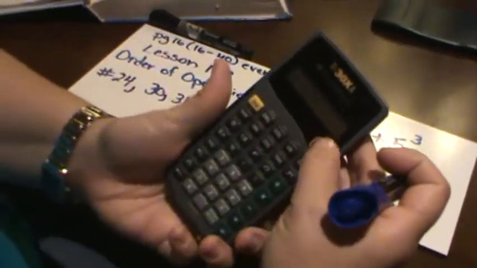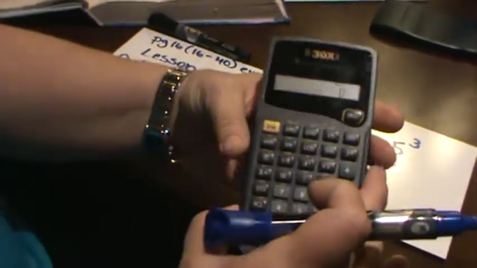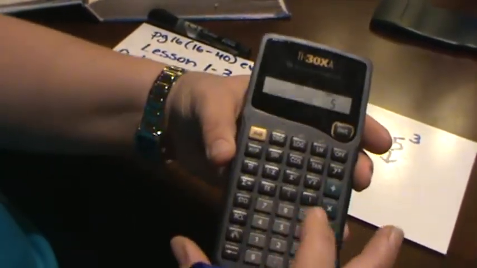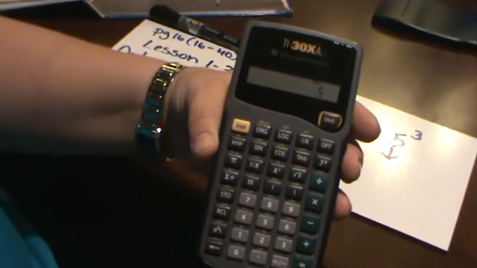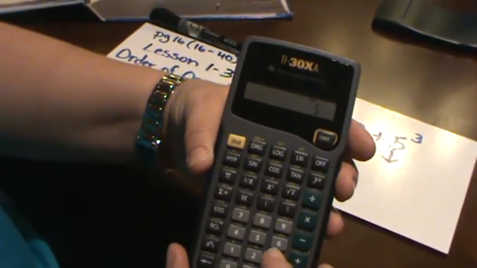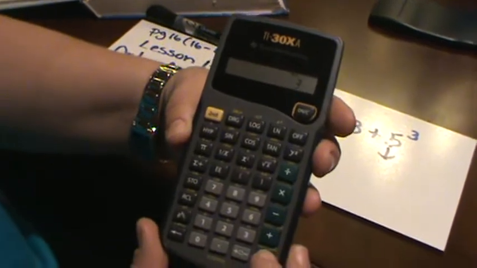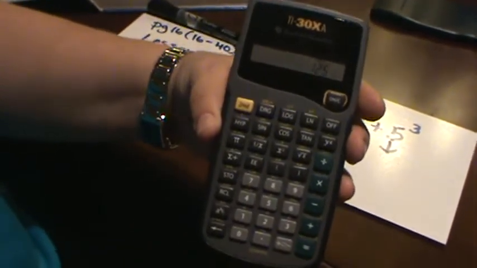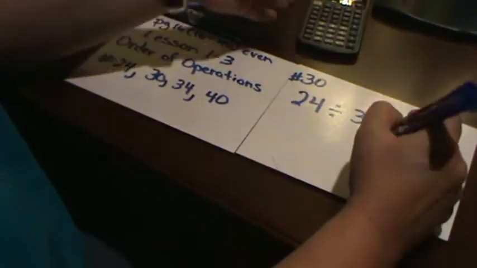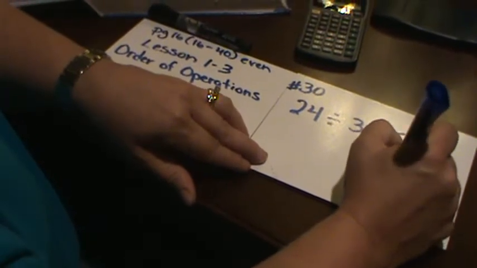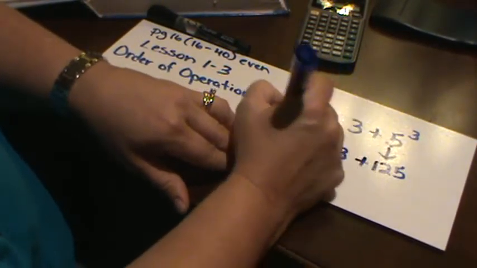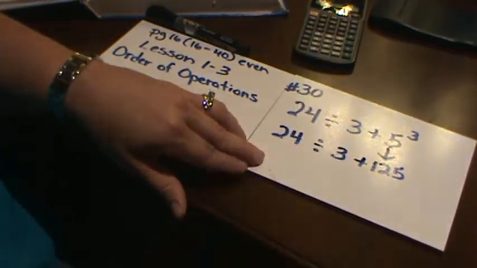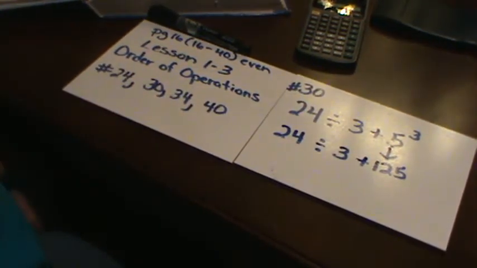Well, we have calculators we're allowed to use, so let's use them. I would go 5, and to put in the exponent, I would hit the Y to the X button, and then it had an exponent of 3. And then I hit calculate, and I get 125. And always copy the rest of the problem after you do that operation. It will keep you from making silly mistakes.